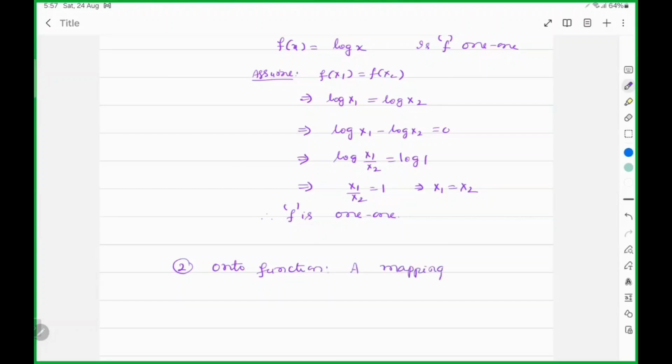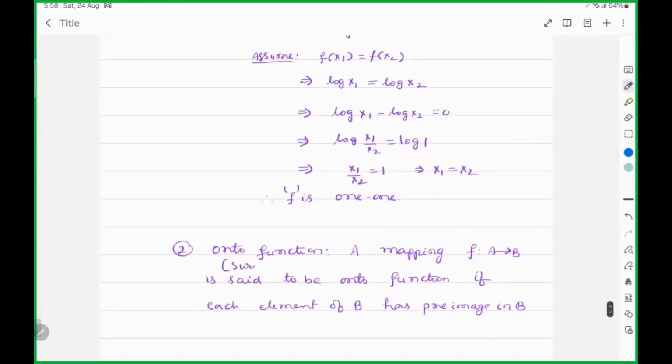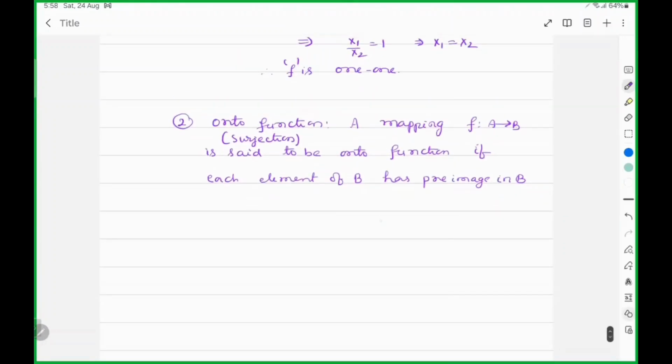A mapping from A to B is said to be an onto function if each element of B has a pre-image in A. Then we say the function is onto. It has another name, surjection.